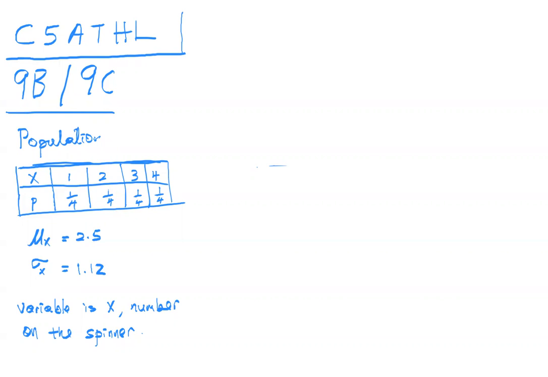Now we are going to get a sample from this population. We are going to do sampling. So how many possible samples can I get?